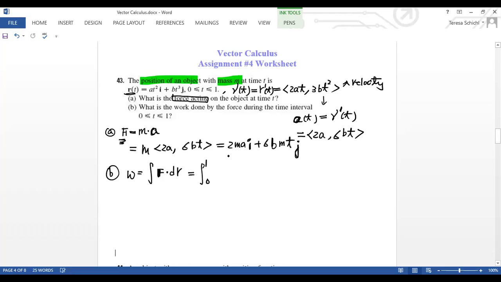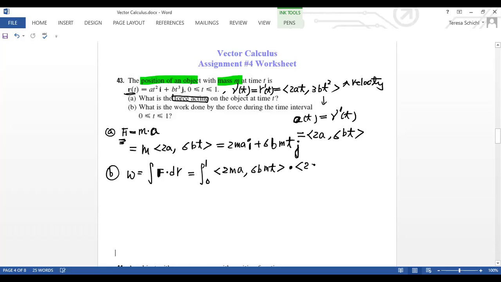Here this is 2ma, 6bmt, dot product with r prime of t.